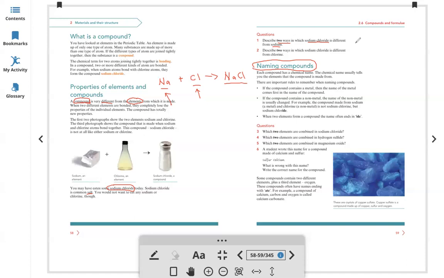Sodium chloride is salt now, remember? Is sodium a metal or non-metal? Do you remember how to use the periodic table to see? Just a minute, I show you this one.